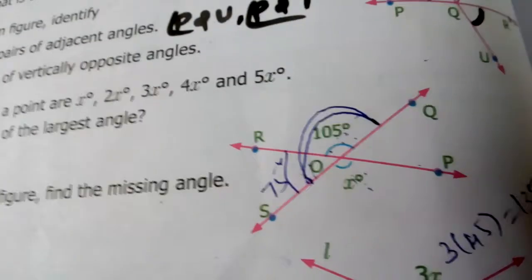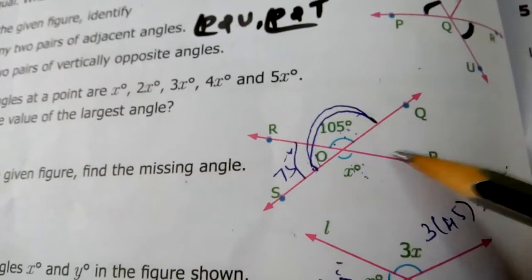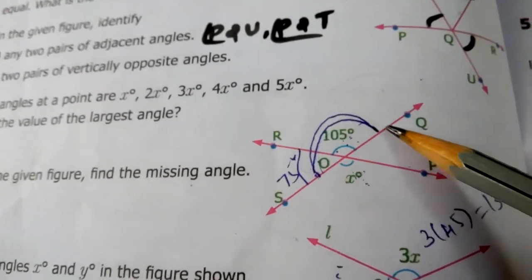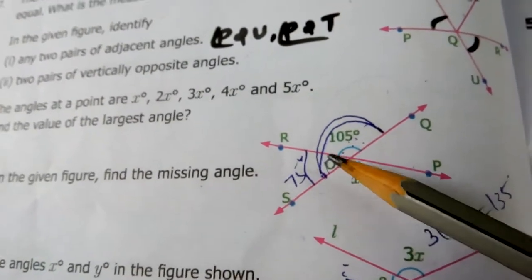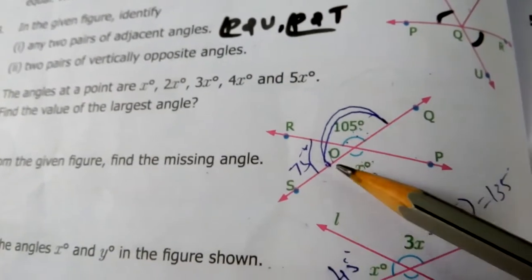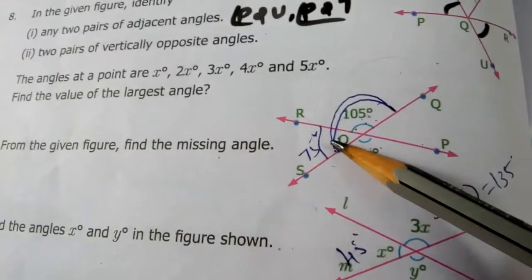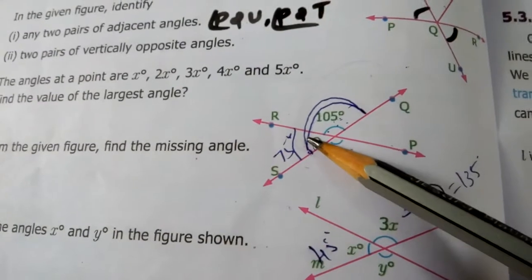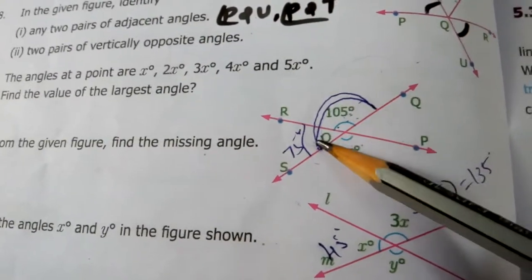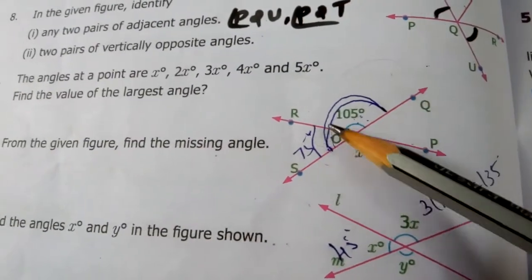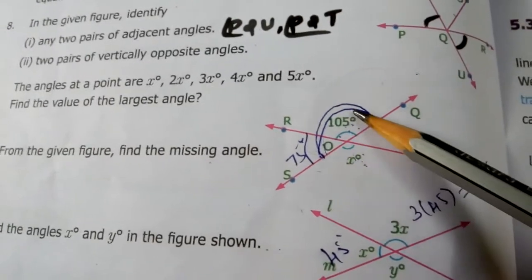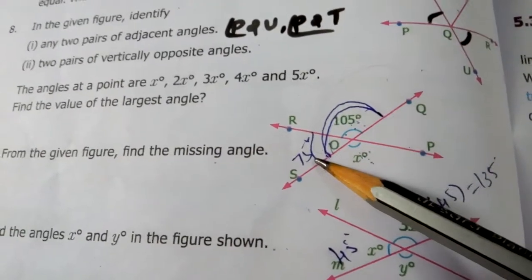We know that this fully is equal to 180 degree, from here to here. So 105 plus, we don't know this one, you can keep y or p, anything like that. So 105 plus p equal to 180 degree. Therefore, the value of p is 180 minus 105. The answer you are getting is 75.